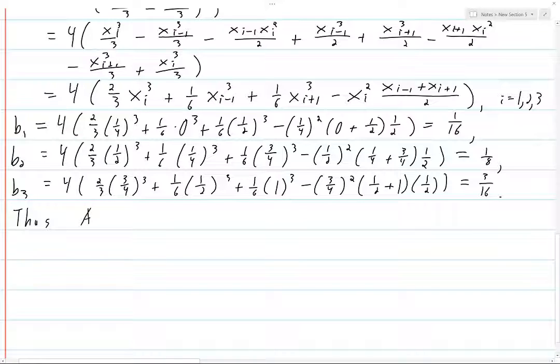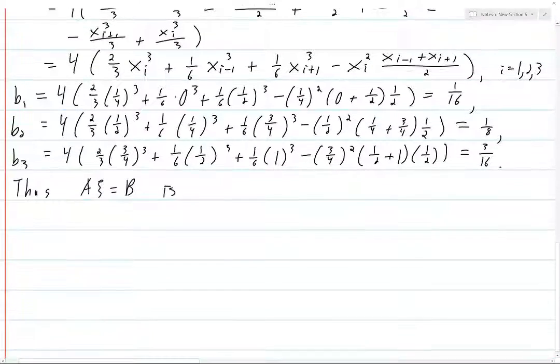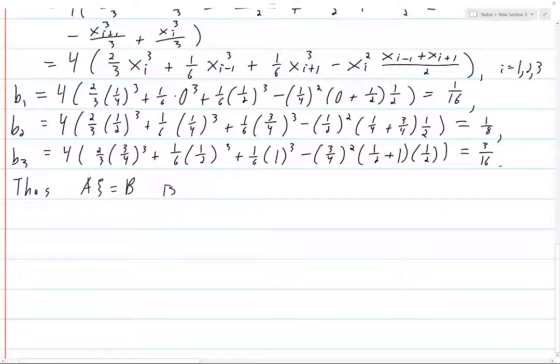Thus, A xi equals b is given by, let's see here. So A, we have 8, minus 4, minus 4, 8, minus 4, minus 4, 8.